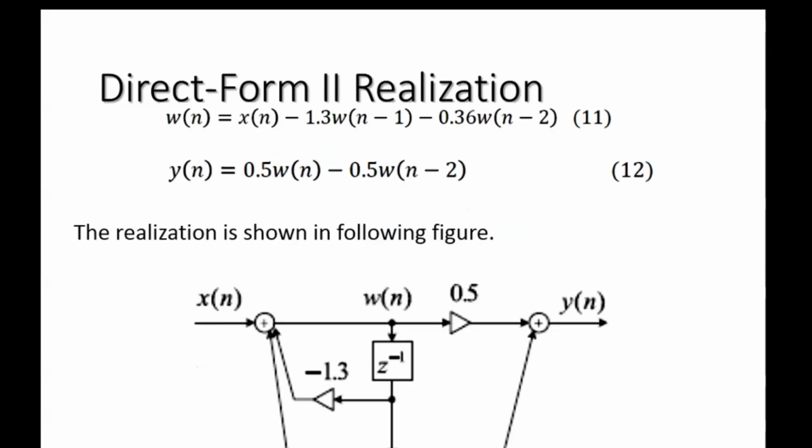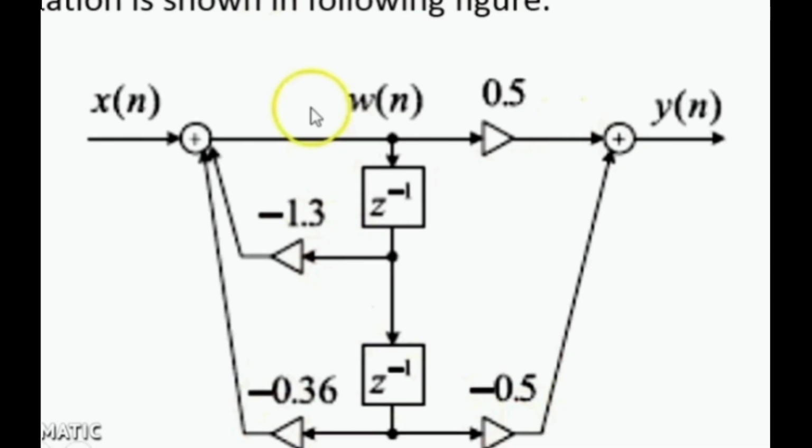Similarly, y of n is equal to 0.5 w of n minus 0.5 w of n minus 2. So this is the direct form 2 realization of the given digital filter.